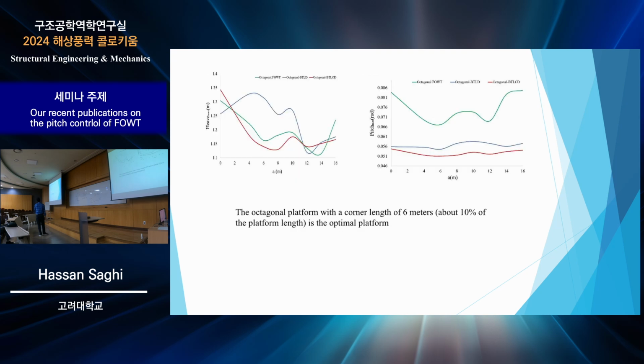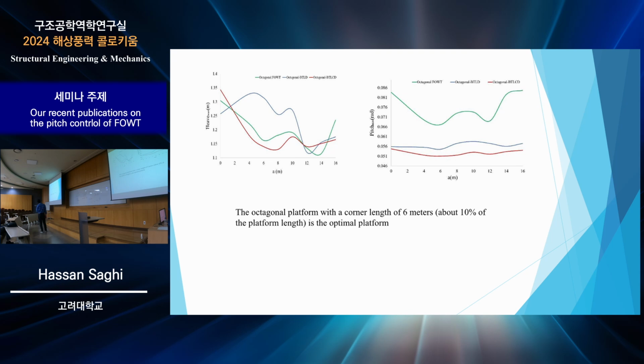And then we modeled different cases. In this figure, you can see we have three cases. The first one is the octagonal floating offshore wind turbine without BTLD. The second one is the integrated octagonal and BTLD, and also octagonal and BTLCD.